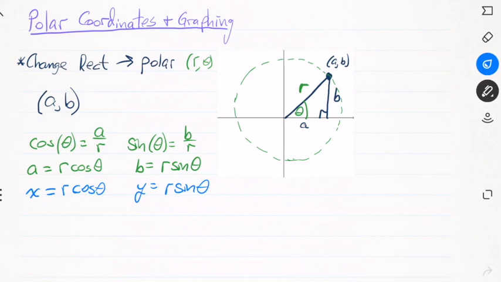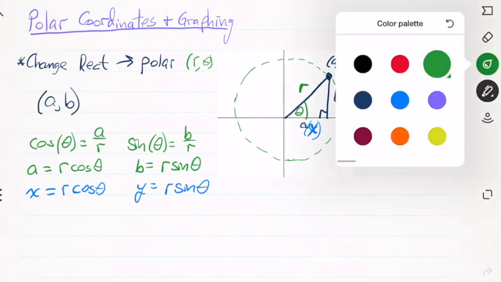All right. Another thing we can get from this picture, we haven't even talked about changing a rectangular into a polar yet, but information from the picture that we can obtain is a relationship for just theta itself. So let's say r was not even in the picture, then all we have is a and b, also known as the xy coordinate. So if we're talking about theta and b and a, that would be opposite over adjacent.